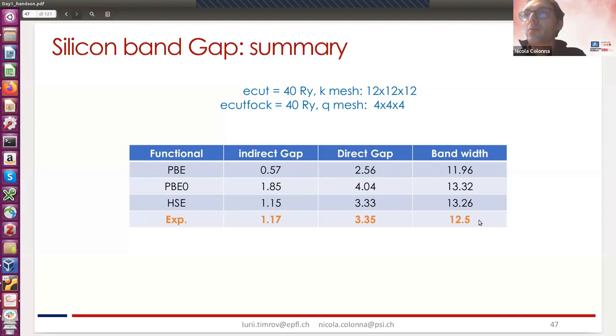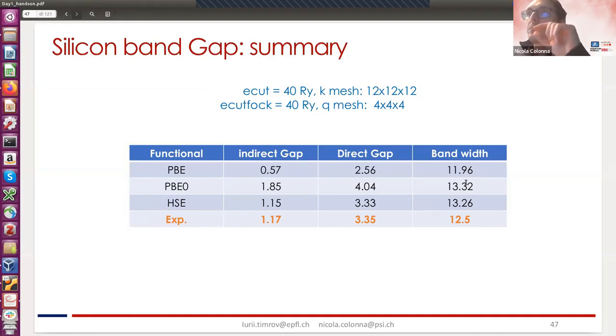And here in the last row of this table, I show experimental value, and you see, as I was mentioning before, PB is not doing very well for the band gap. The bandwidth instead is in much better agreement with the experiment. PB0 overestimates actually both the indirect gap and the direct one.